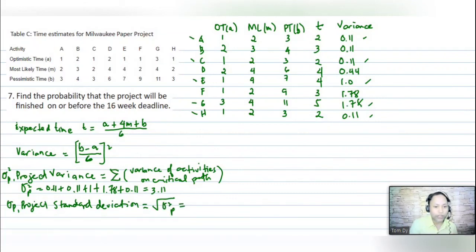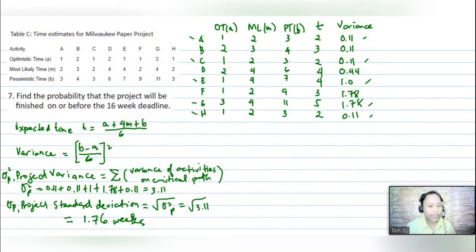So the square root of 3.11 is equivalent to 1.76 weeks. I will write it here: equals 1.76, in terms of weeks. So we have our project standard deviation.